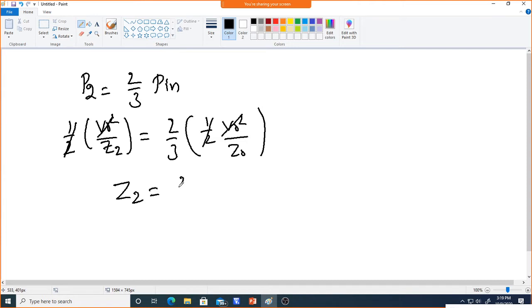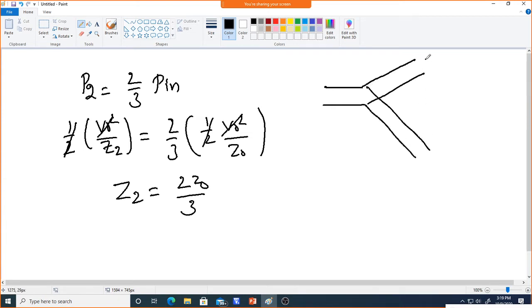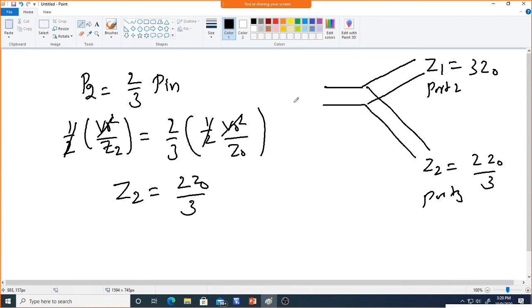Now Z2 will be equal to 2Z0 by 3. So in port 2, Z1 will be equal to 3 times Z0, and Z2 in port 3 will be equal to 2 Z0 by 3. And your input port will be matched, that is port 1. So this is what we have calculated.